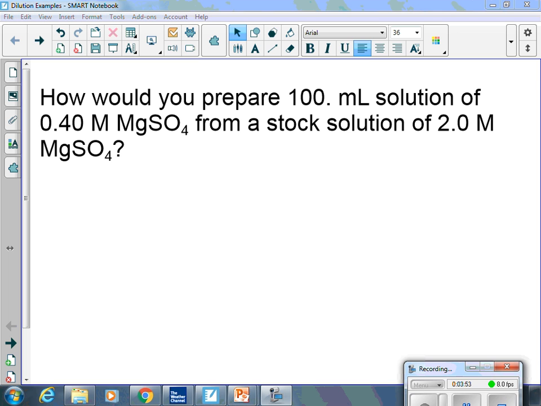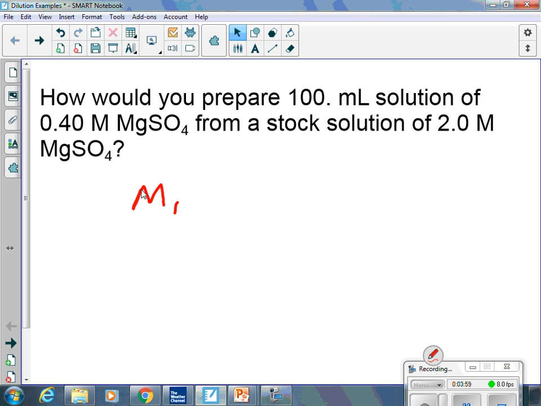Now, I'm going to set up the equation like we just had. M1V1 is equal to M2V2. Once again, M1 is the initial or the first molarity, V1 is the first volume, is equal to the second molarity, the second volume.